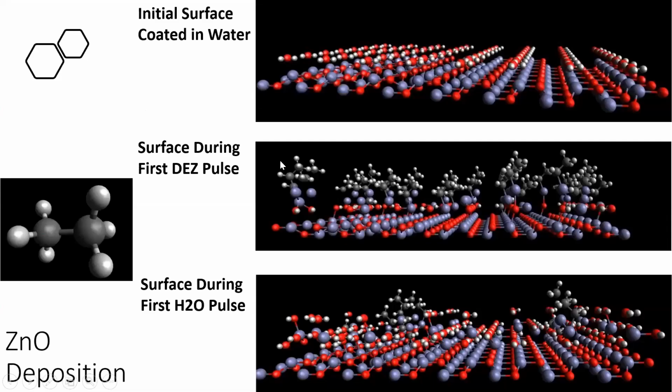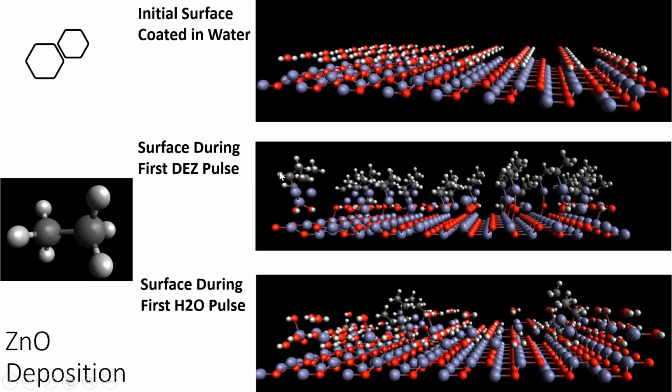Here we'll use zinc oxide as an example. So at the top here, zinc in blue, oxygen in red. We have one layer. This is hexagonally packed zinc oxide in the 0001 direction. On top of it, we have a layer of water molecules.